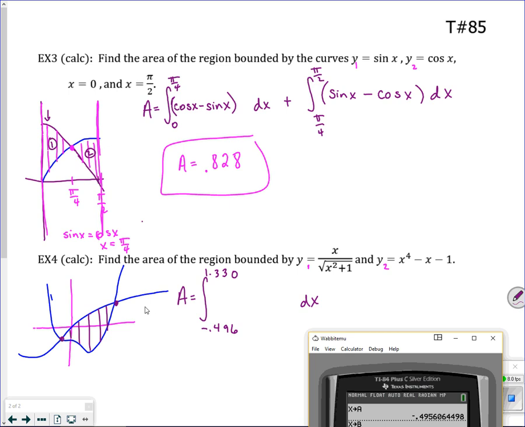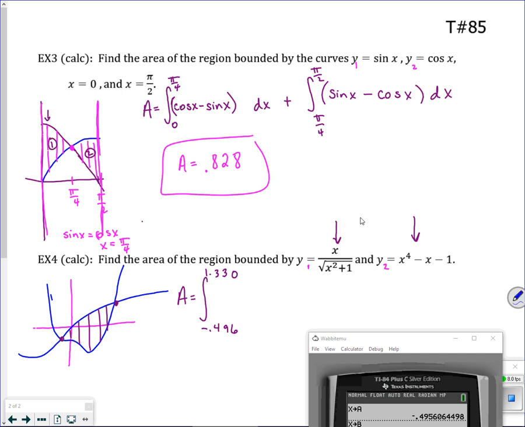Now, after that, it's pretty easy because I know which one is on top and bottom. If you have your thick and thin or your colors, you know which one is on top. This guy is on top and this guy is on bottom. So I can do 2 things. I'm going to move this dx over a little bit.